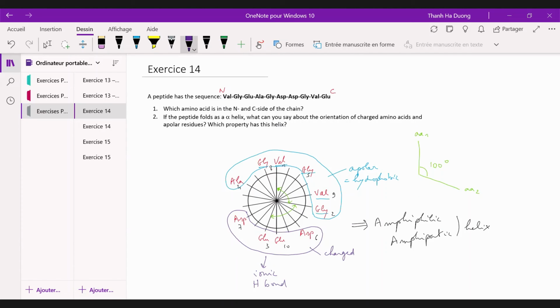And you can have hydrophobic interaction with this side of the alpha helix. Question about that? No, I don't have any question for this exercise. Thank you to answer.